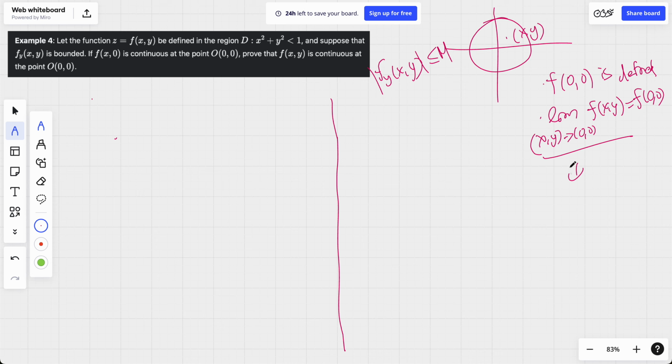Well, you can use the definition of limits. So the definition of limits, it's the same thing as for a one variable function.